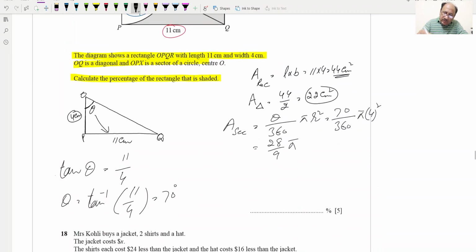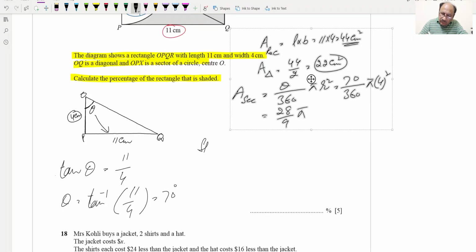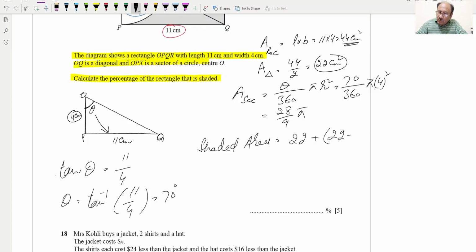So now we can write shaded area. Shaded area will be equal to 22, which is the area of one triangle, and from the other triangle's area 22 we have to subtract this 28 over 9 pi, and this will be the total area.